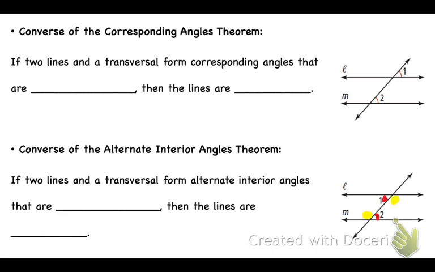Here and there? Yeah. Okay. Again, alternate of what? Alternate of the transversal. So here's my transversal, yes? So on each side, an interior of the two parallel lines.